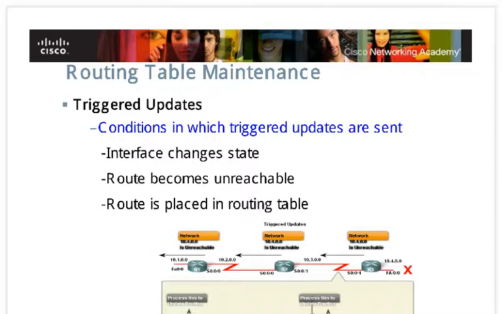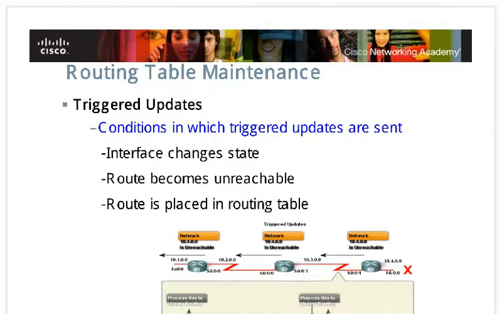So an interface changes state. This means that one of these interfaces goes down. Okay? Which indicates that this network has become unreachable, unavailable. That's one example. Route becomes unreachable because of the fact that this link is down. This router cannot reach this LAN.